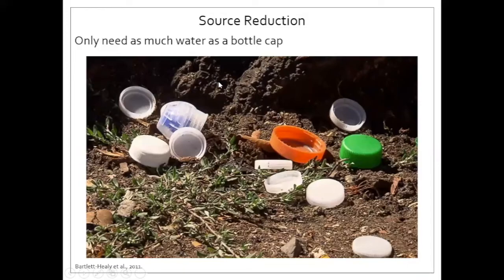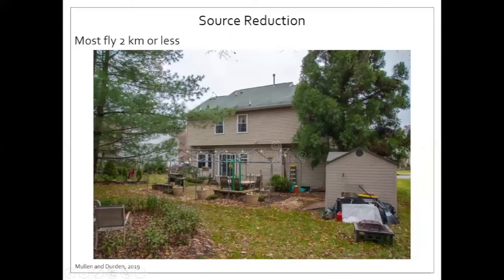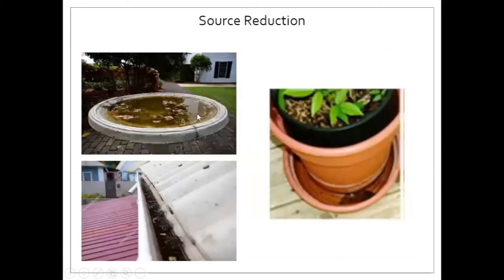Mosquitoes need only as much water as found in a bottle cap. What this means is that there are some locations where dragonfly and damselfly larvae and fish cannot live, but mosquito larvae can still exist. So when I look at this house, there may be no nearby pond at all, but I can look at all these different habitats and see them as potential mosquito breeding habitats.